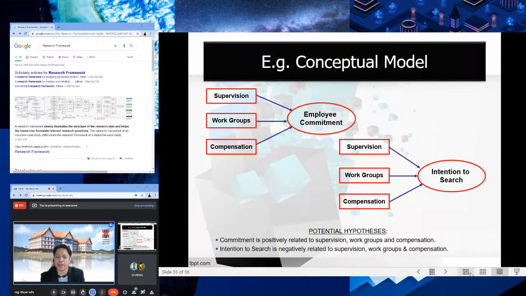So another example, I think this is the last one. If you want to explain this, when you develop the conceptual model, it can give you a better understanding in presenting your research work, your research proposal, and the audience can also understand clearly the details of your research, not only the framework.